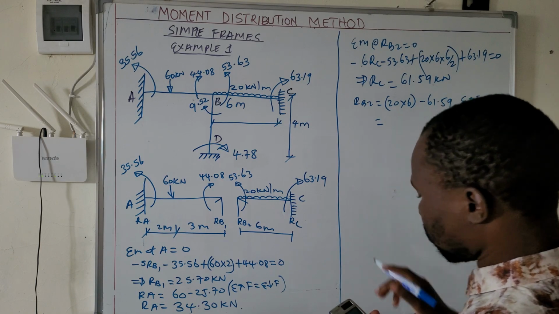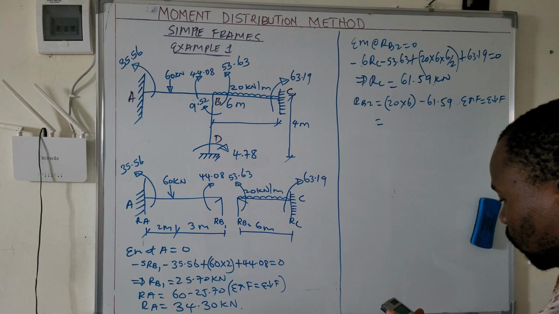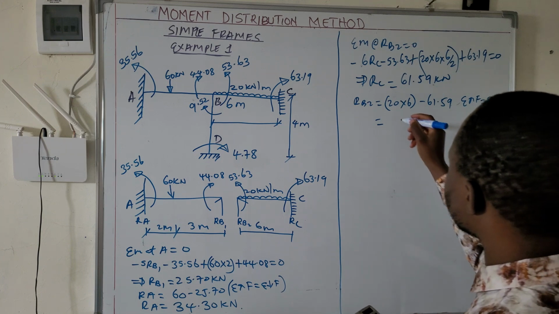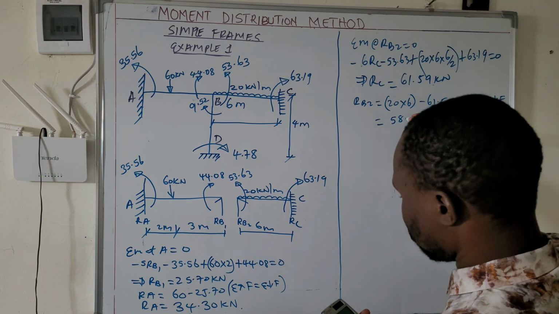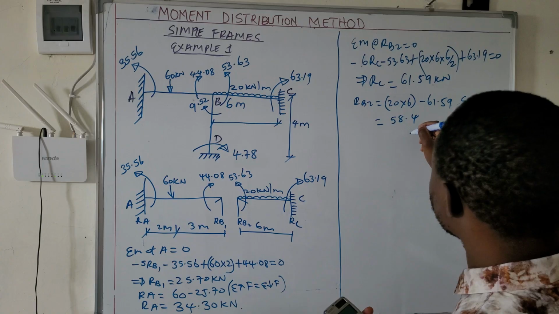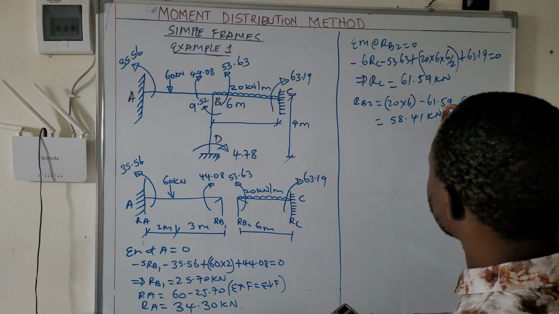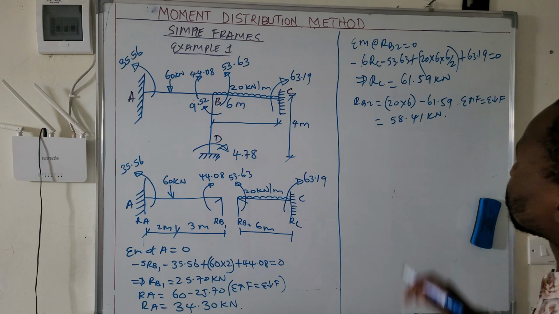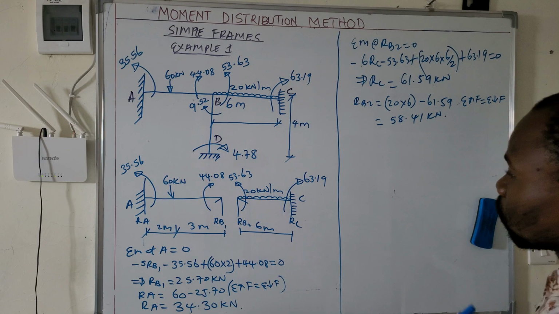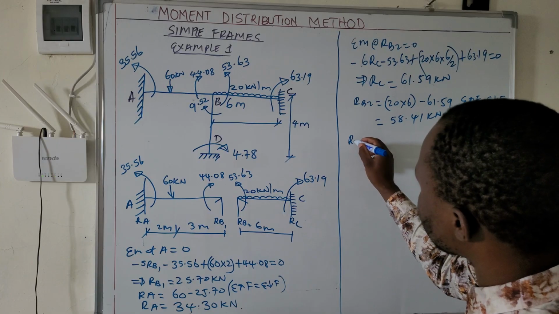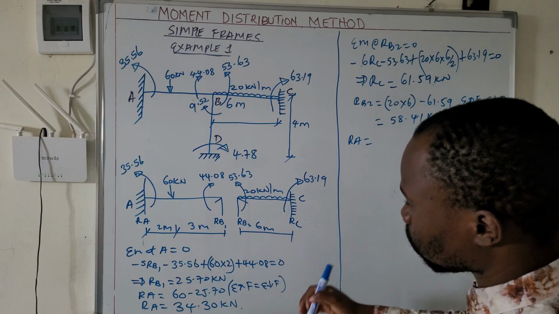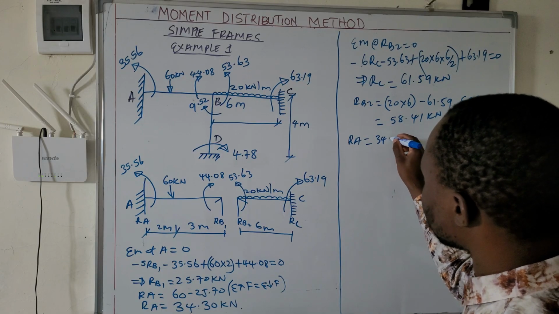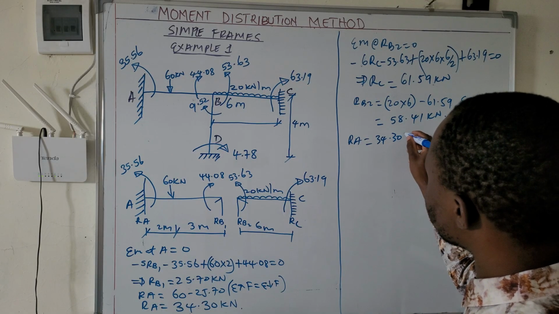So this one will be 120 minus 61.59, which is 58.41 kilonewton. So this is our RB2. So it means RA is equal to 34.30 kilonewton.